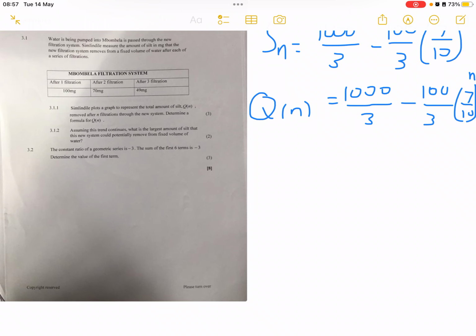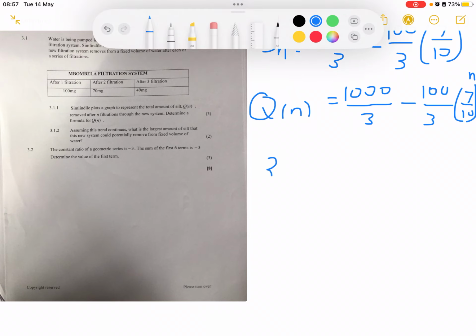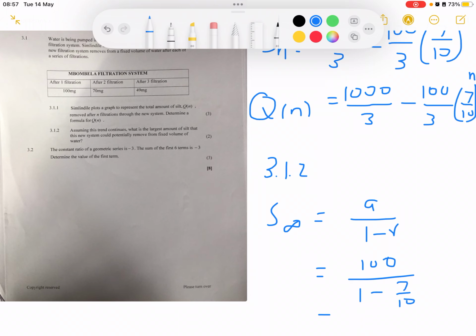But this means that in 3.1.2, we want to calculate the sum to infinity, which is given by a over 1 minus r. Now, the a value here is 100, all over 1 minus 7 over 10. And then this gives us a value of 1000 over 3, which is something like 333.3.